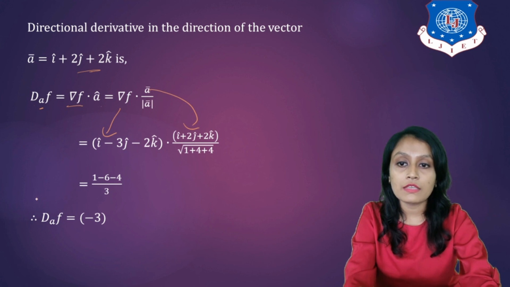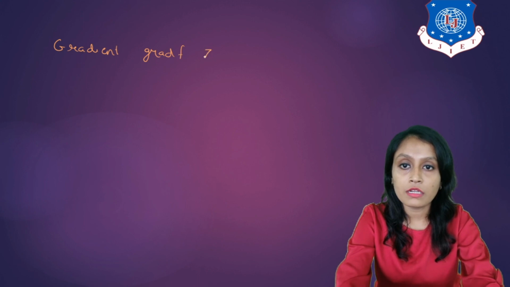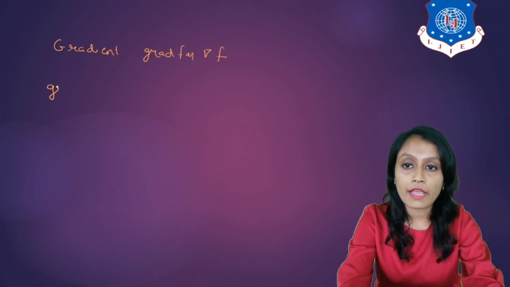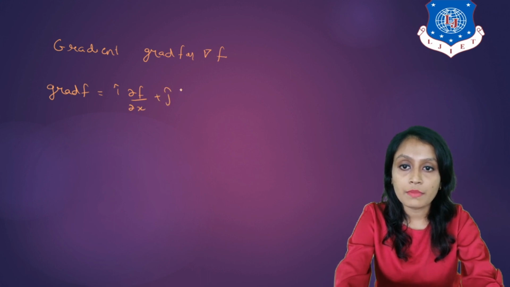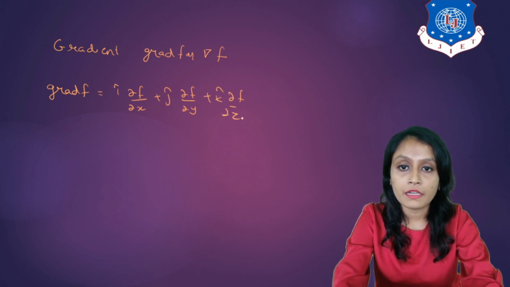Okay, now let's see what we have studied in today's session. Firstly, we studied the gradient. It is denoted as grad f or del f. The formula to find the gradient of f is given by i cap into del f by del x plus j cap into del f by del y plus k cap into del f by del z.